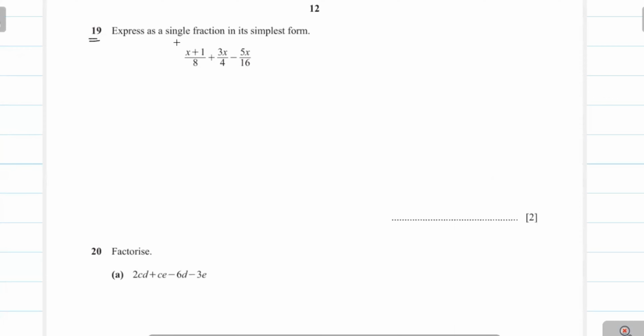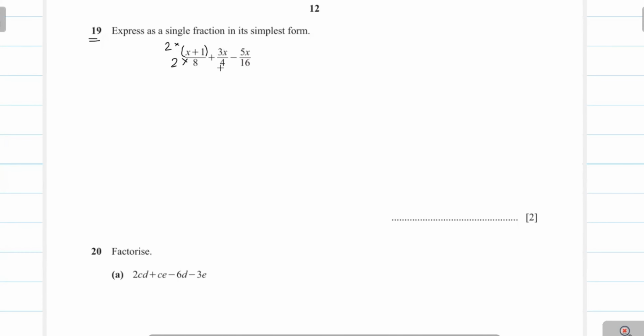Question number 19, expressed as a single fraction in simplest form. You see here the denominators of all these fractions are different. Firstly, we make the denominators the same. Therefore, 16 will be the LCM of these denominator values. You see here, we make 8 into 16 by multiplying by 2, and the numerator is also multiplied by 2.